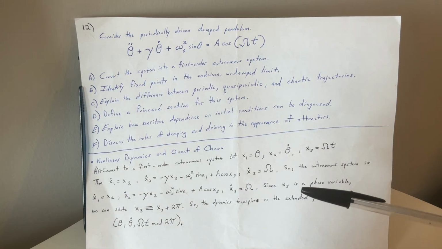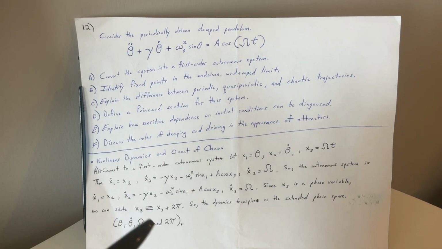And since x sub 3 is a phase variable, we could state the relationship between x sub 3 and x sub 3 plus 2 pi. So the dynamics transpire on the extended phase space, and we have theta, theta dot, capital omega t mod 2 pi.